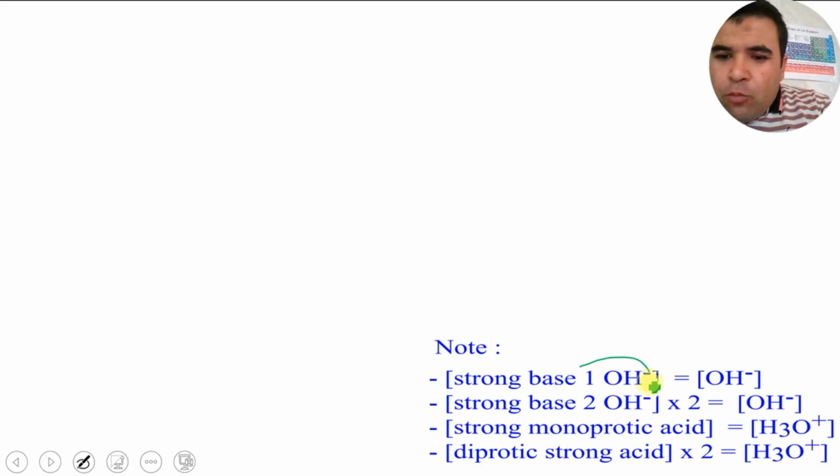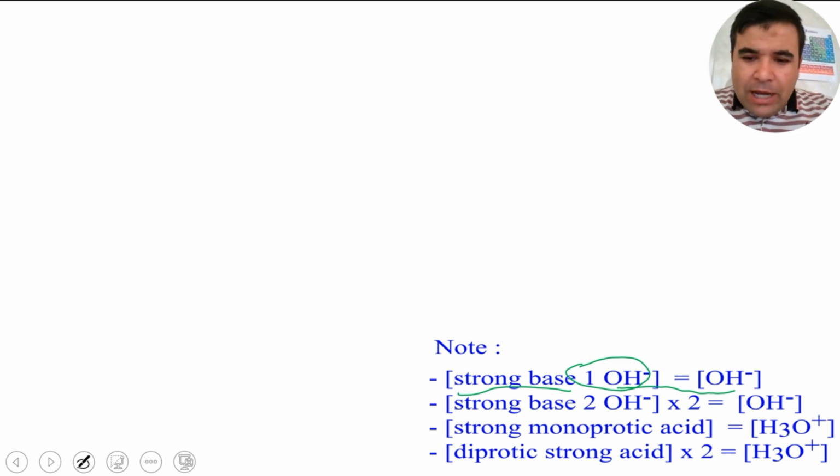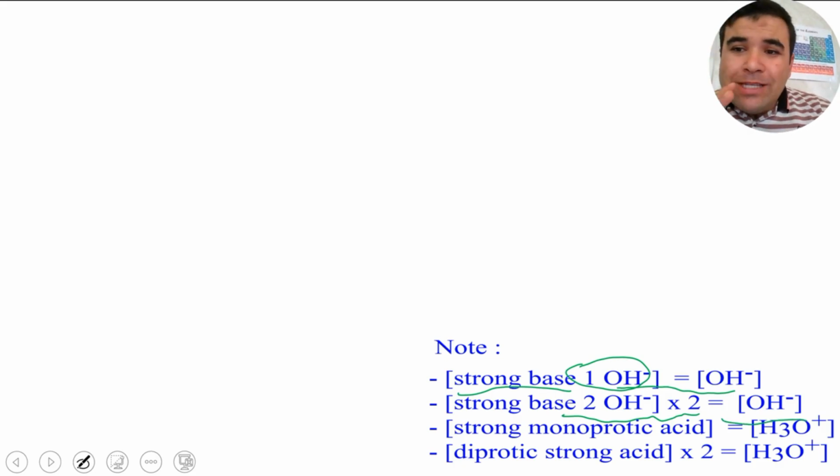If the strong base has one OH group, like lithium hydroxide or sodium hydroxide, the base concentration exactly equals the hydroxide concentration. But if it has two OH groups, like calcium hydroxide, barium hydroxide, or strontium hydroxide, we should multiply the concentration of the base by 2 to get the hydroxide concentration, because the hydroxide will be twice the concentration of the base.